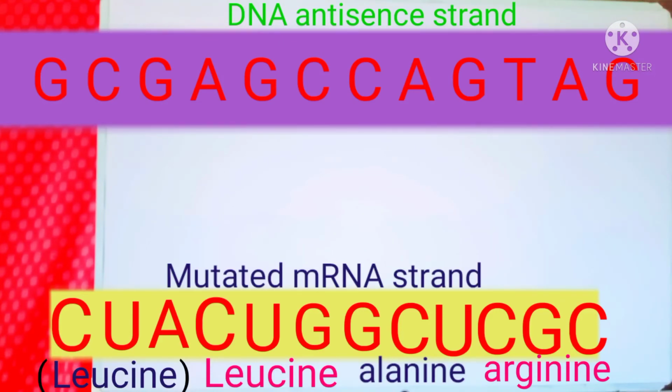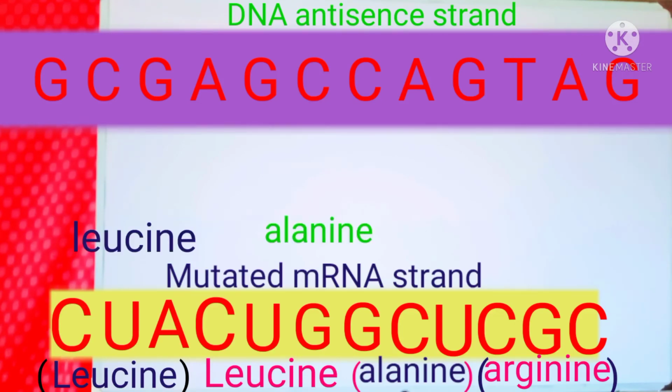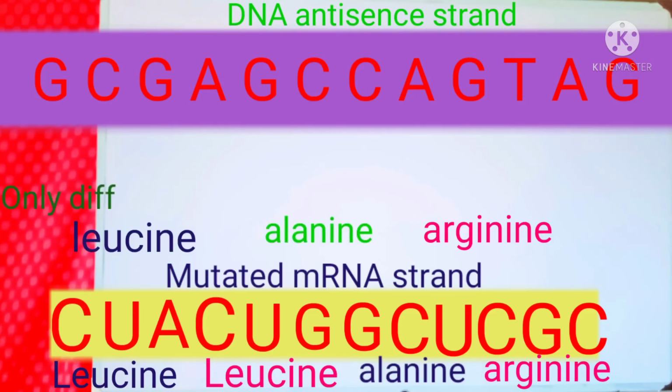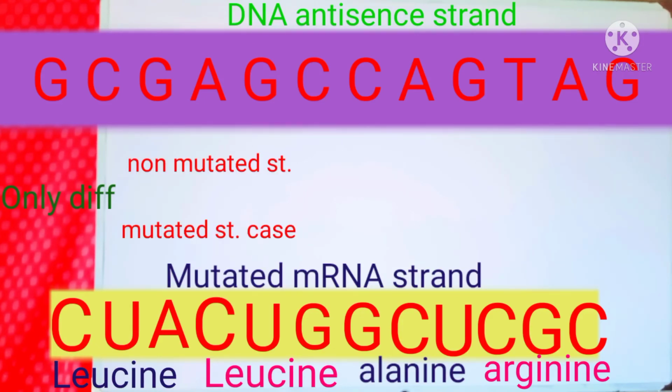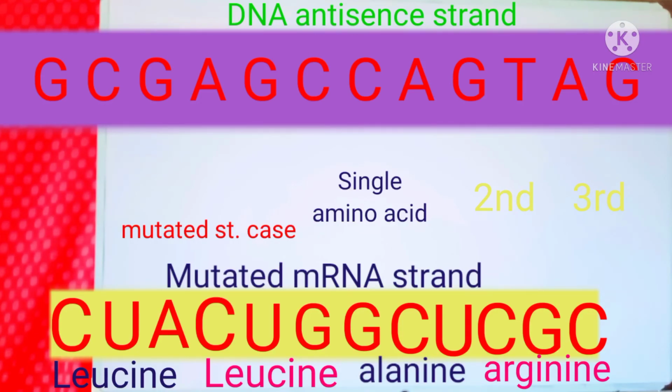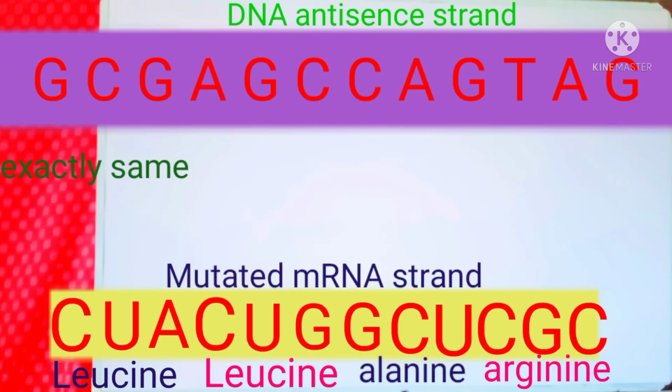So we have leucine, alanine and arginine, and also we have leucine, alanine and arginine. Basically the only difference between the polypeptide chain produced in the non-mutated strand case and in the mutated strand case is our single amino acid that is found between the second and the third amino acid. All the other amino acids and their positions are exactly the same.